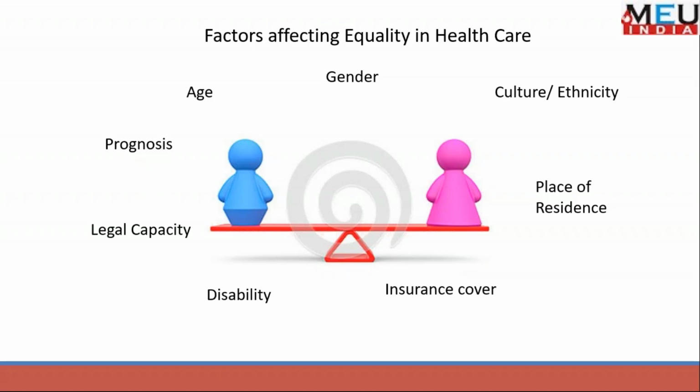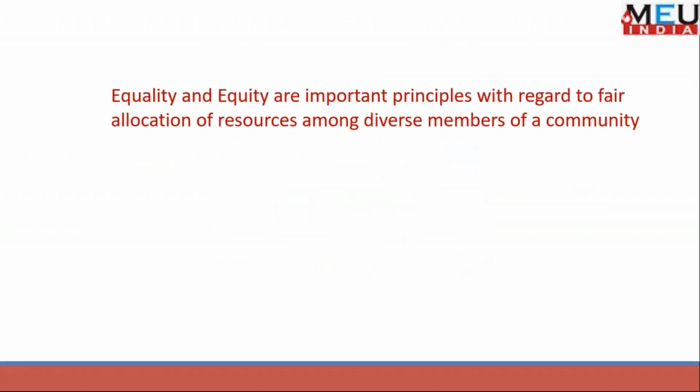So this is just an overview, a little bit of definition of equality and equity, and the factors affecting equality in healthcare. Equality and equity are important principles with regard to fair allocation of resources among diverse members of a community.